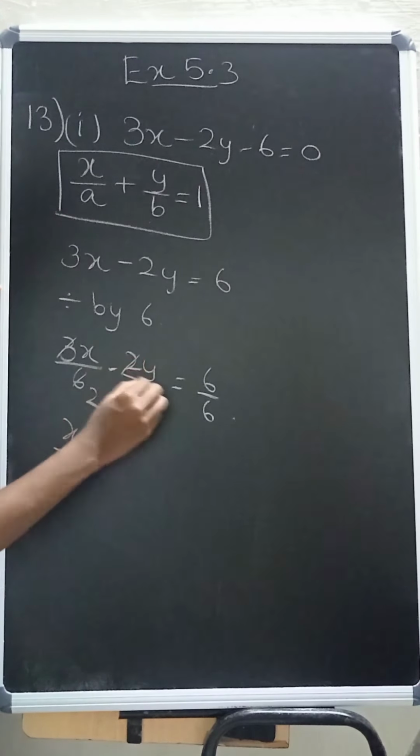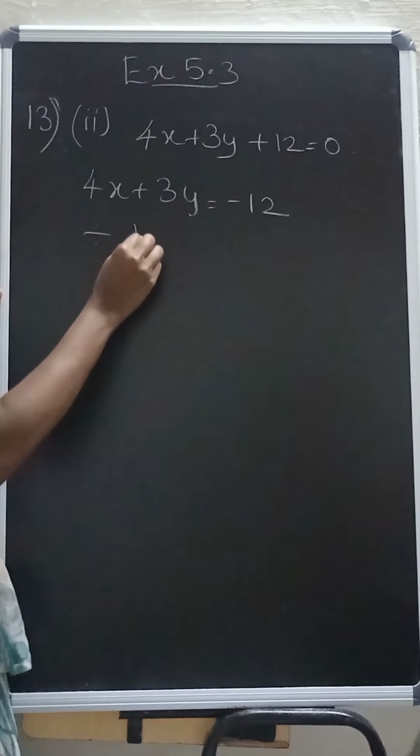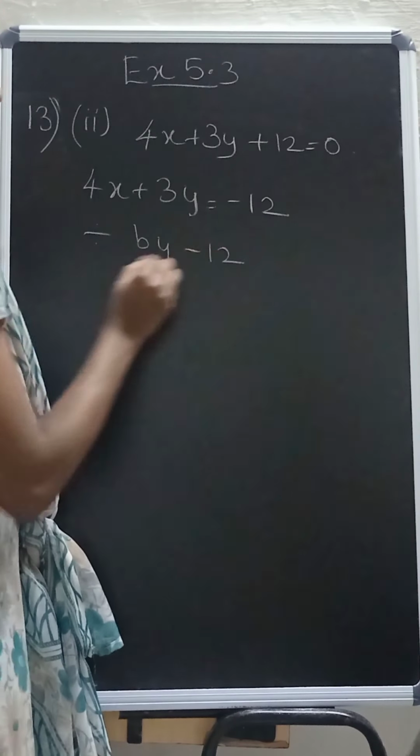Now 13th sum, second subdivision. They have given you the equation of the straight line 4x plus 3y plus 12 is equal to 0. First step, I am bringing this 12 to this side. Then divide by minus 12.